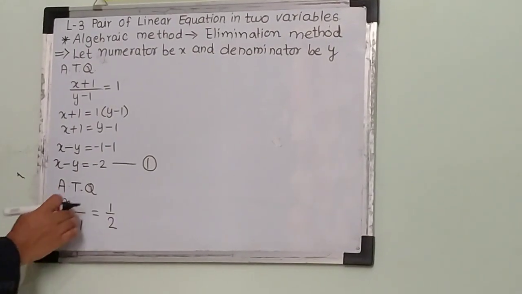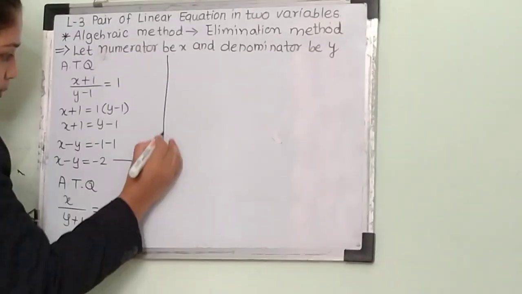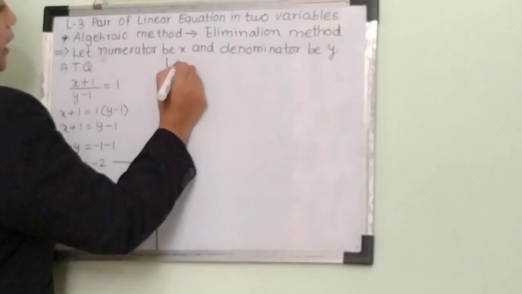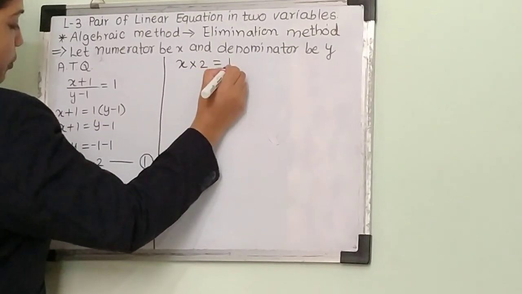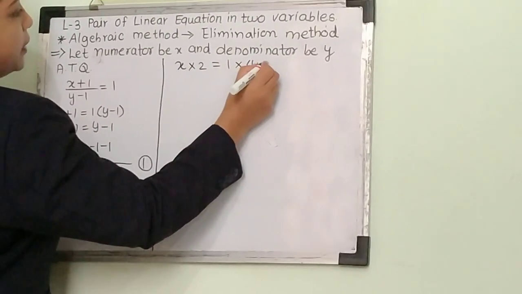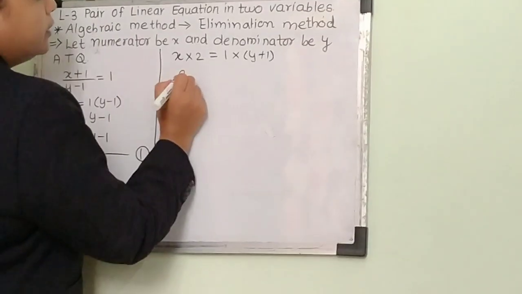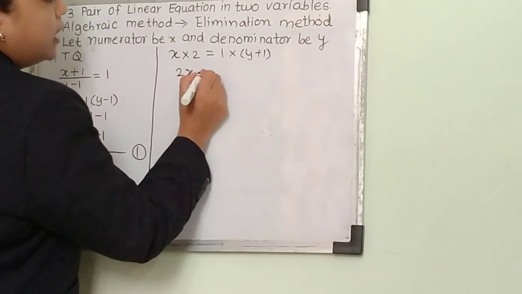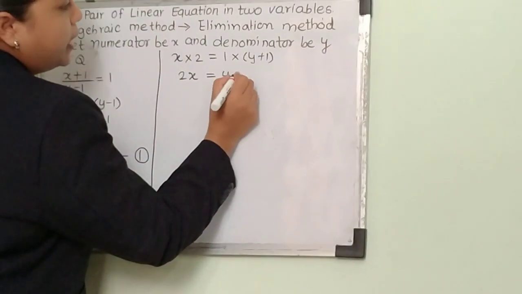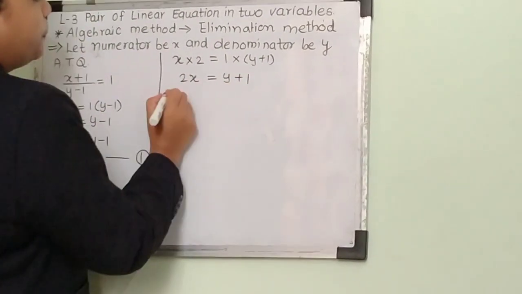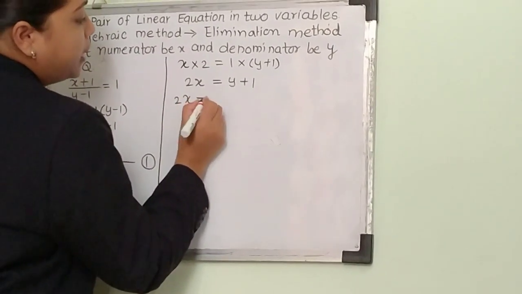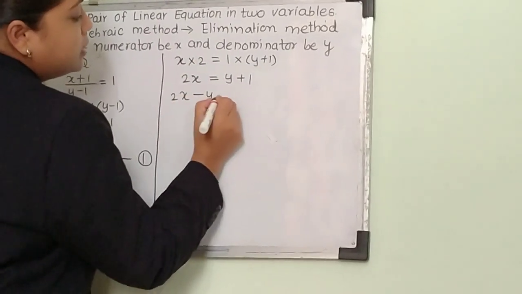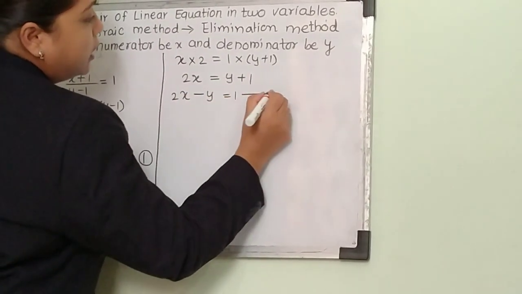Now cross multiplication: you will get 2x equals y plus 1. Now y will come to this side, it becomes minus. So 2x minus y equals 1. That is your equation number 2.